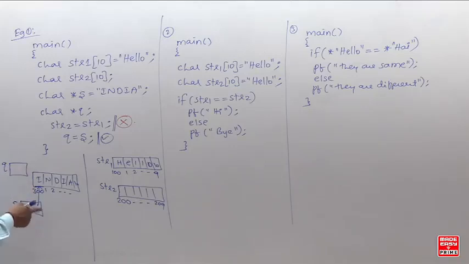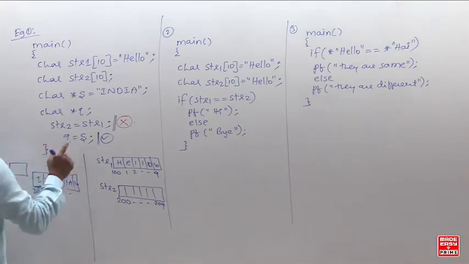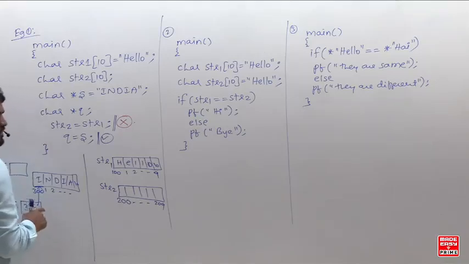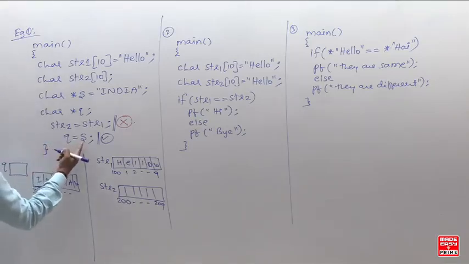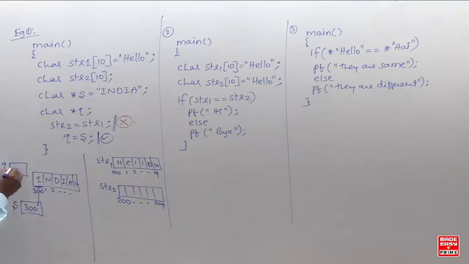So what do you have in s? If I say q equal to s, whatever is in s goes into q. What is there in s? 300. So in q also I store 300 here. Then no problem. This will also start pointing to this only. So this is also pointing to 300 and this also is pointing to 300. This is how the diagram will look.